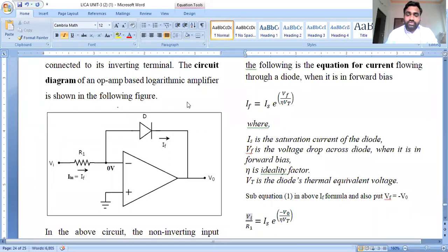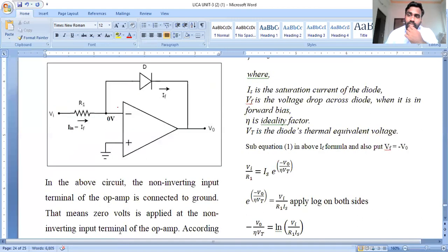If we observe the analysis of this logarithmic amplifier, this is nothing but an inverting type operational amplifier, and the non-inverting terminal is grounded. From the basics, this point is a virtual ground, where we connected the negative feedback.